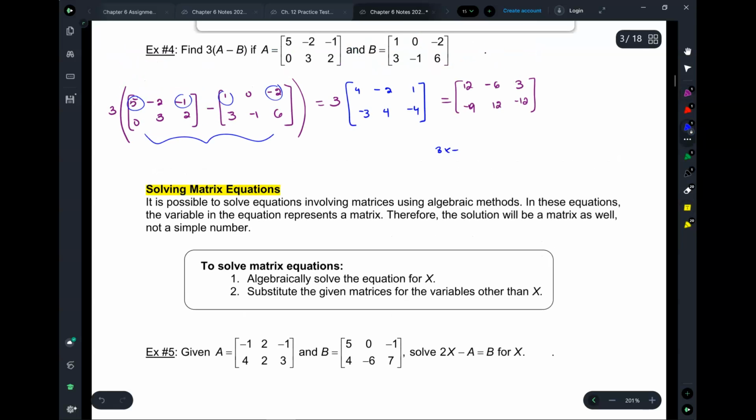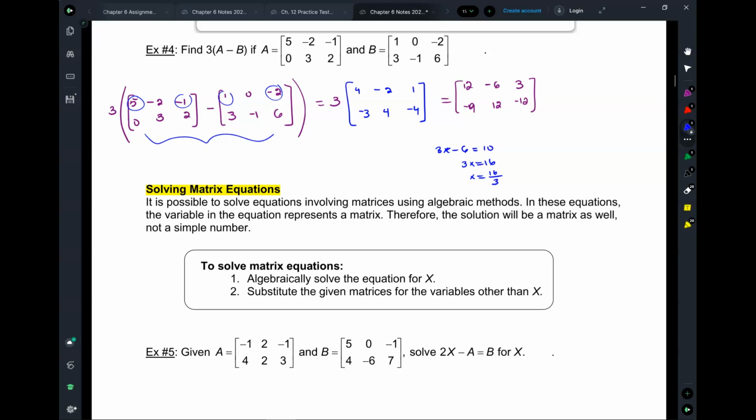If you have this equation, 3x minus 6 equals 10. You've been solving these equations since you were little, right? So this is 3x equals 16, x equals 16 over 3. You can do this with your eyes closed. The 3 is a number, the 6 is a number, it's a real number.